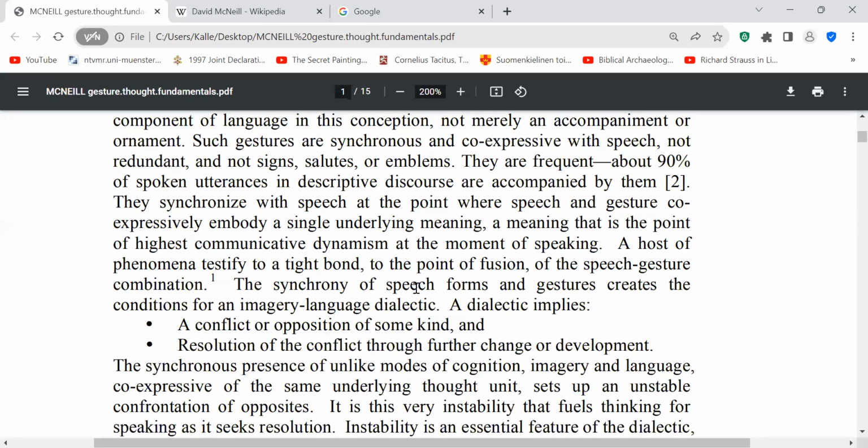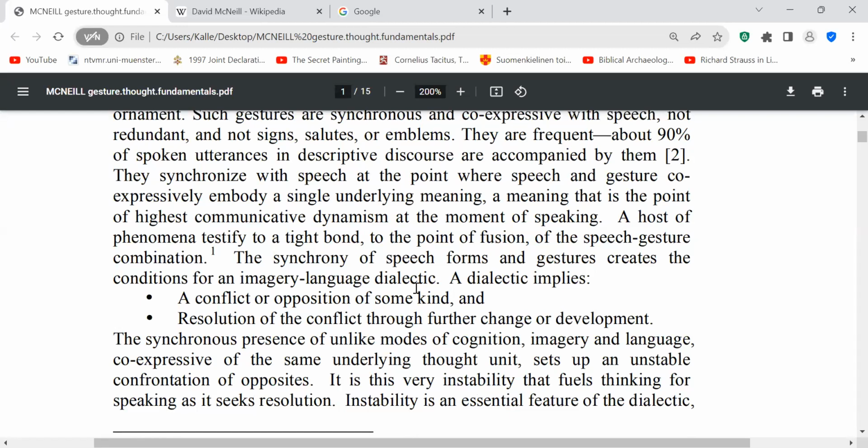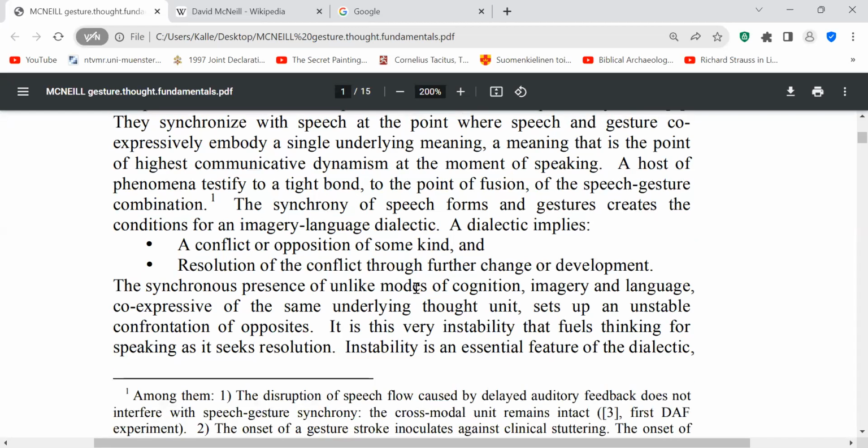They synchronize with speech at the point where speech and gesture co-expressively embody a single underlying meaning, a meaning that is the point of highest communicative dynamism at the moment of speaking.